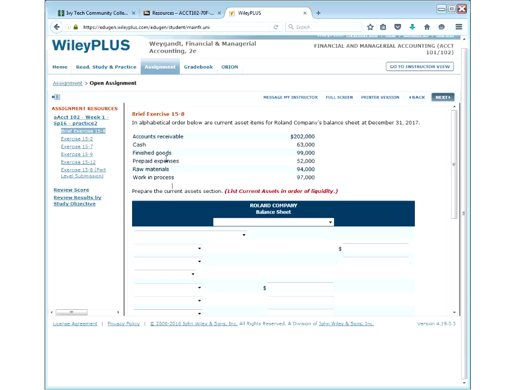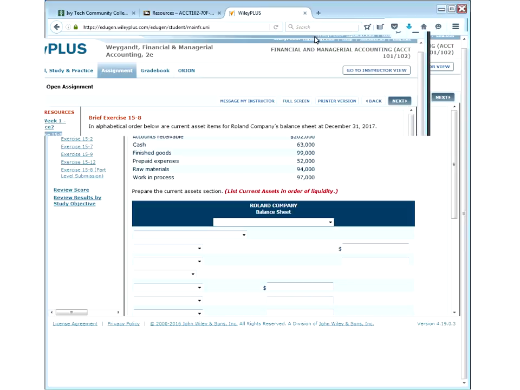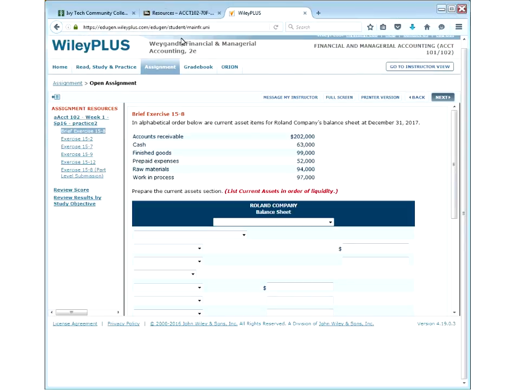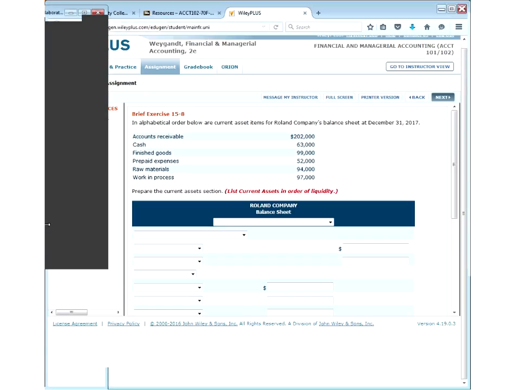They don't go anywhere else but in the inventory section of the balance sheet. All right, that should take care of us for week 1. Check back here for week 2, and we'll get started there. Weeks 2 and 3 are sometimes some of the hardest weeks in managerial accounting. So check back and we'll get through it.